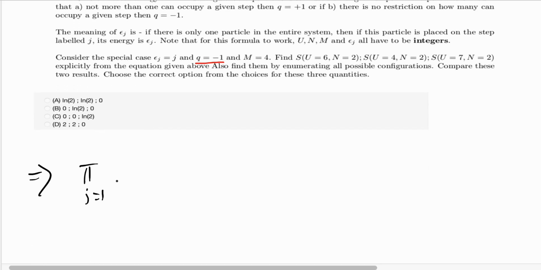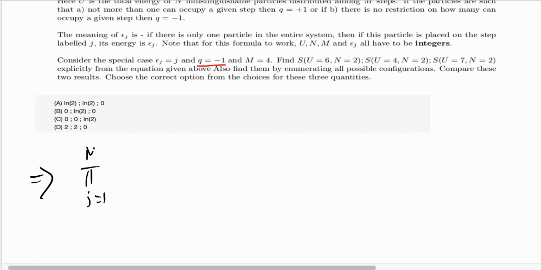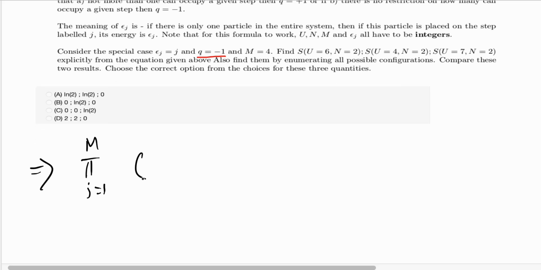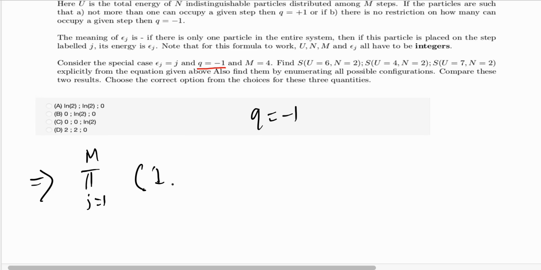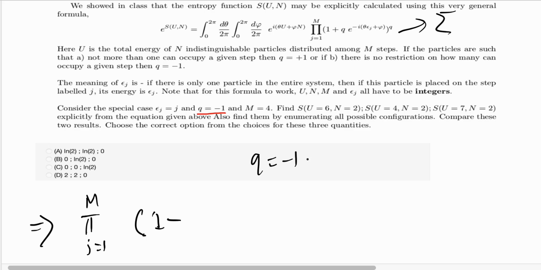So j equal to 1 to m. Now our q is equal to -1; previously q was +1. q equal to -1 means bosons, which physically means more than one particle can occupy a single state.